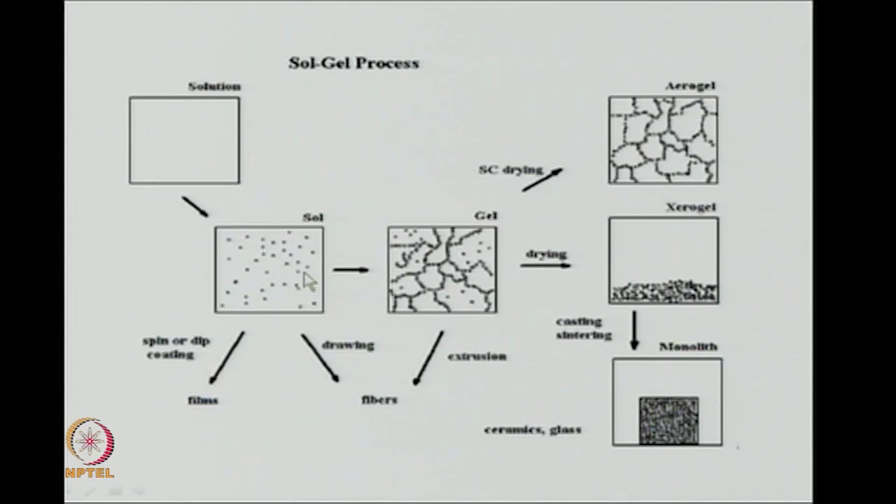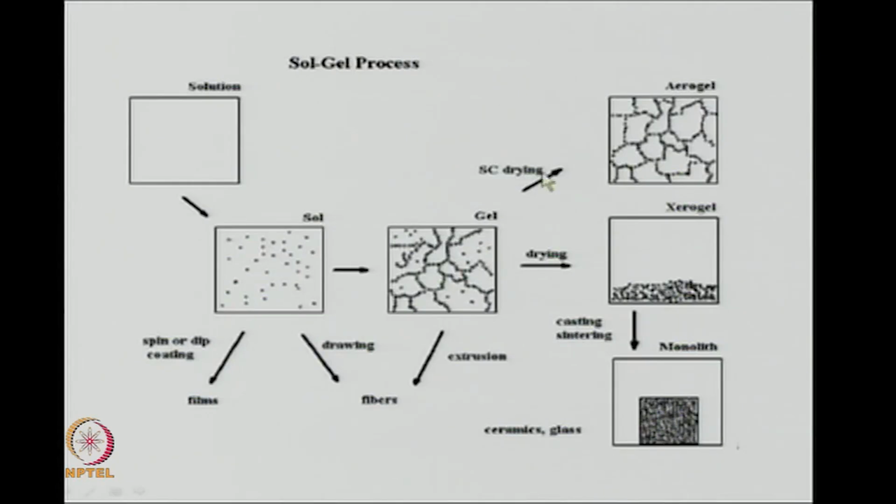You can allow these particles to condense and form a network like this, which is a gel, and then that gel you can dry in different methods. If you dry it simply and allow this structure to collapse, then it will form what is called a xerogel. So, in a xerogel the structure collapses and you do not get this kind of network structure anymore.